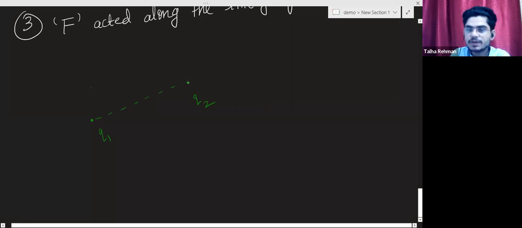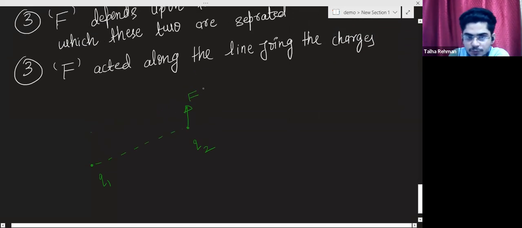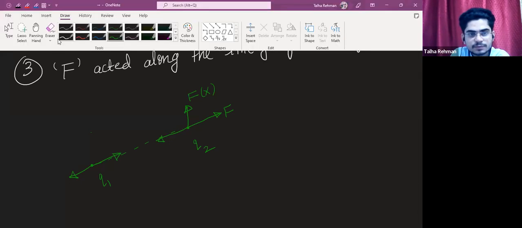Force of attraction or repulsion cannot be in this direction due to Coulomb's law. This is the meaning of this statement. The force will be in the direction like this if the charges are positive, or can be in this direction. So this statement means: force acts along the line joining the charges.